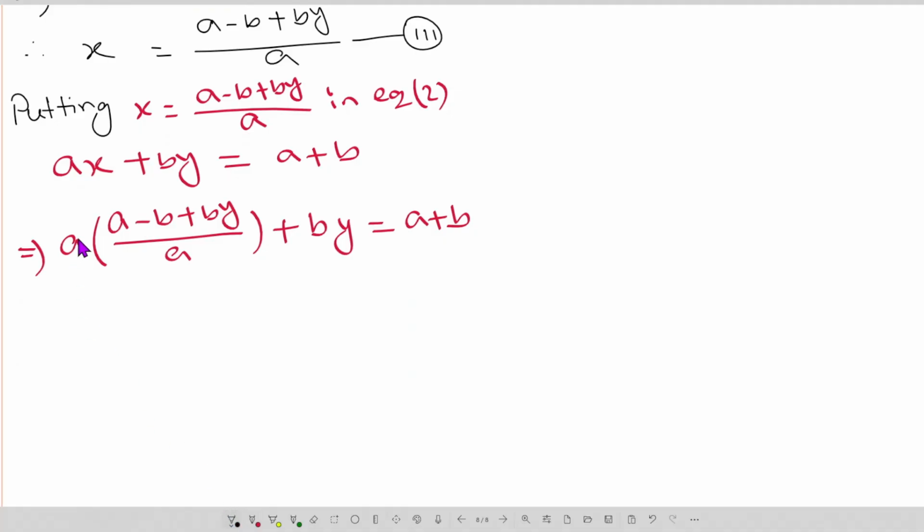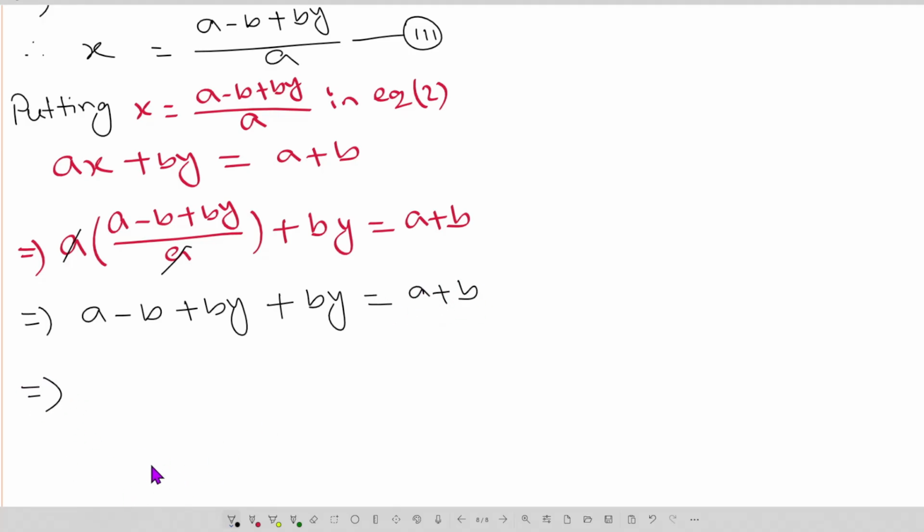Now we can cancel a and a, so here is only a minus b plus by, and plus by equals a plus b. So here is 2by equals a plus b, and this a minus b we transfer to the right side, so minus a and plus b.